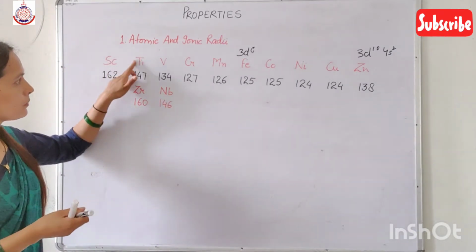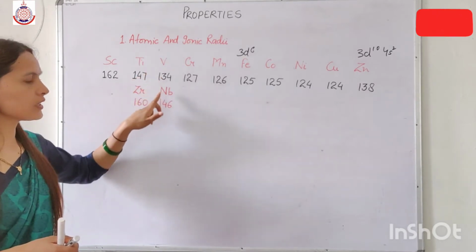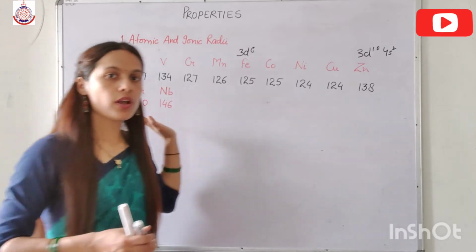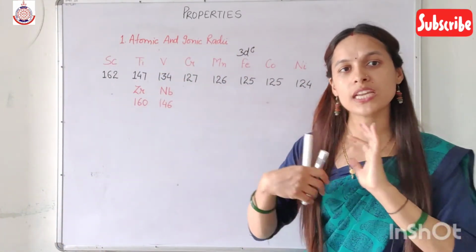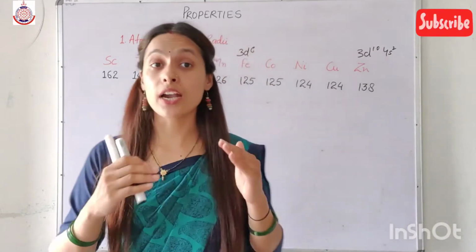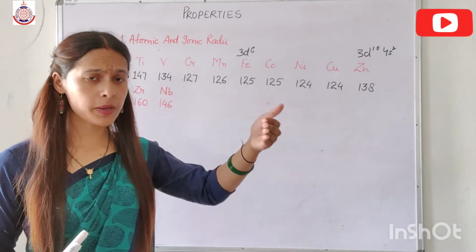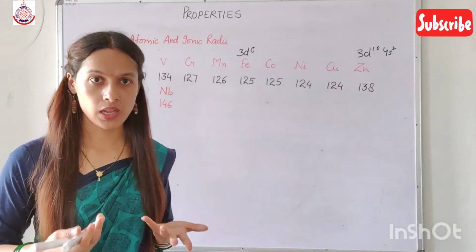So titanium 147, zirconium 160, vanadium 134, niobium 146. So as we move from first to second transition series, due to the increase in the number of shells, atomic radii increases. This is a simple thing. जब हम down the group आते हैं, shells increase होता है तो size increase होगा.